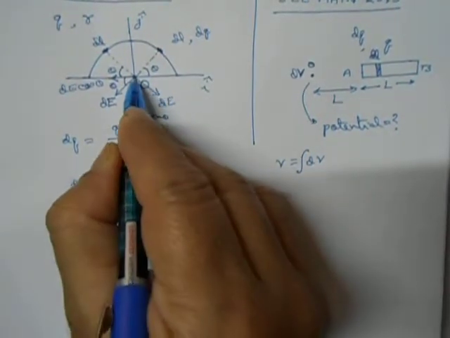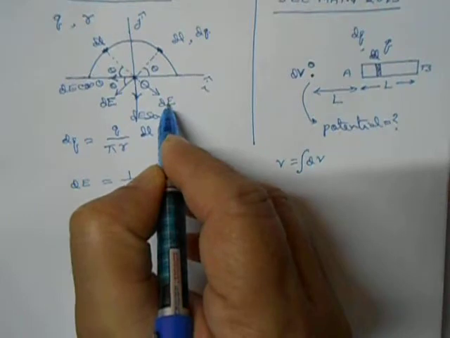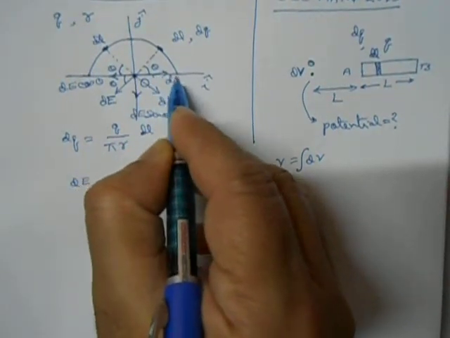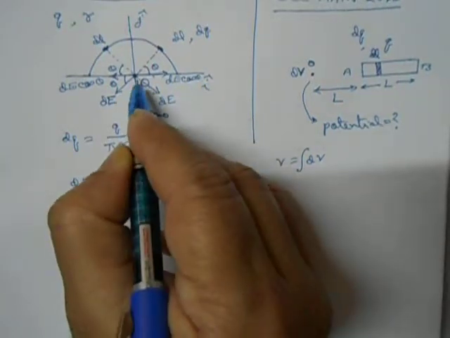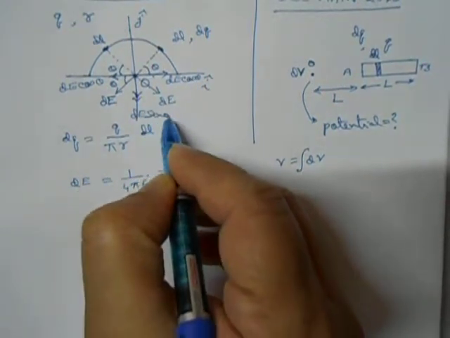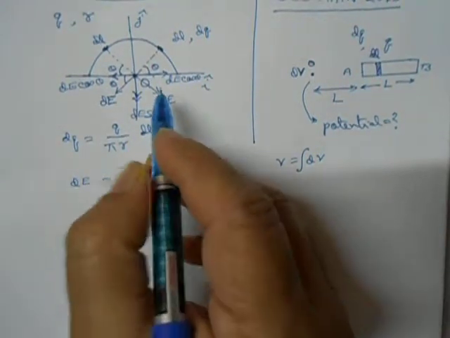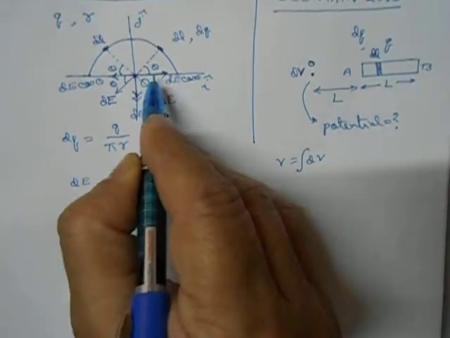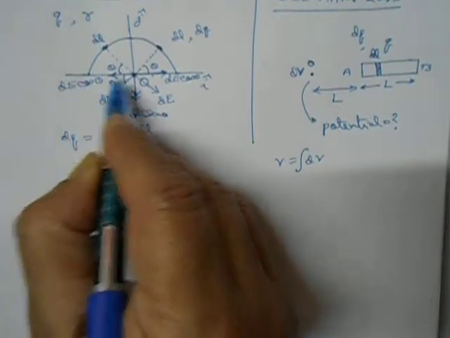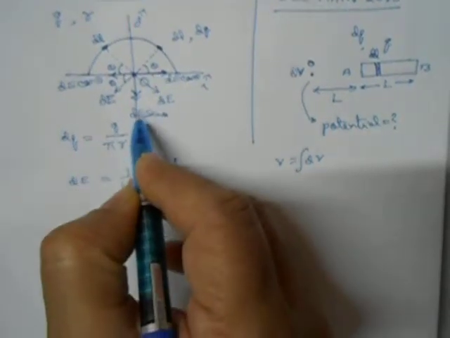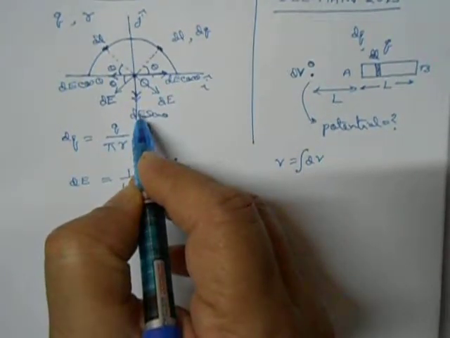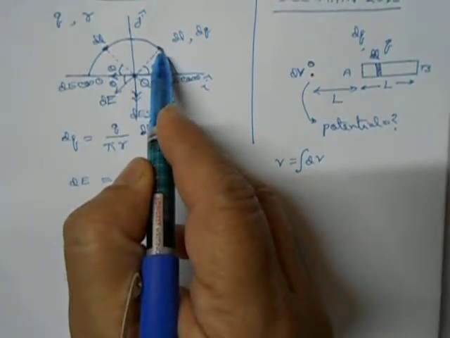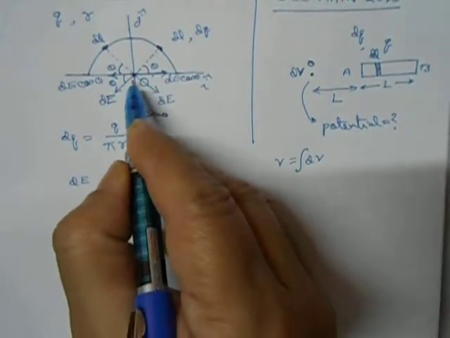Similarly for this dE, this angle will be theta, so this will be dE cos theta and this side will be dE sin theta. So it's clear from the diagram that this component dE cos theta will cancel out with this component dE cos theta, and this dE sin theta will add up. So for this pair the net field is along this direction.